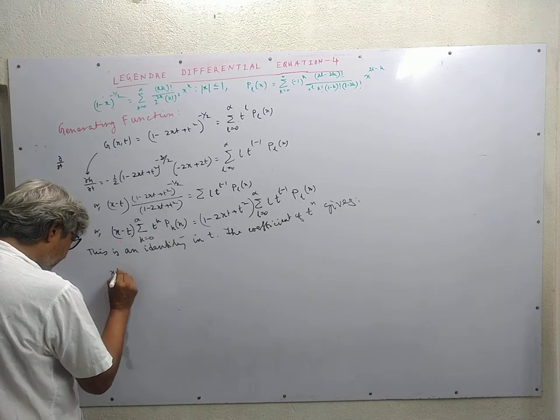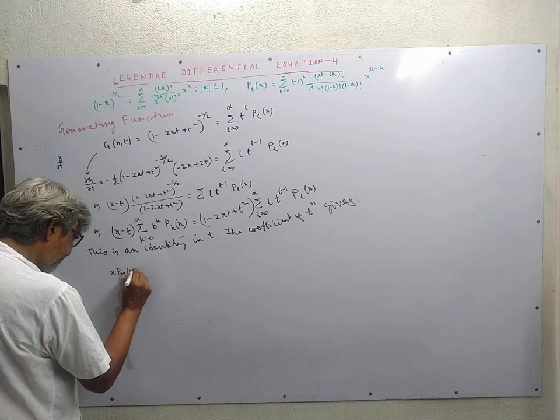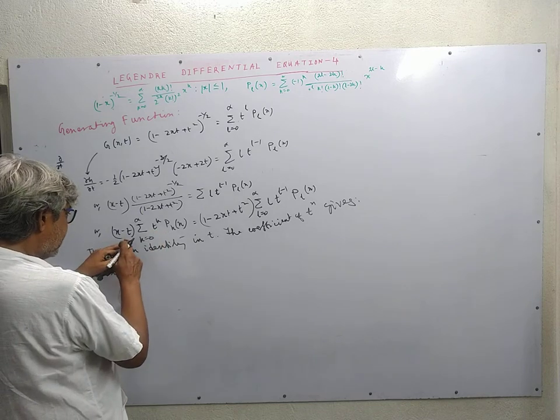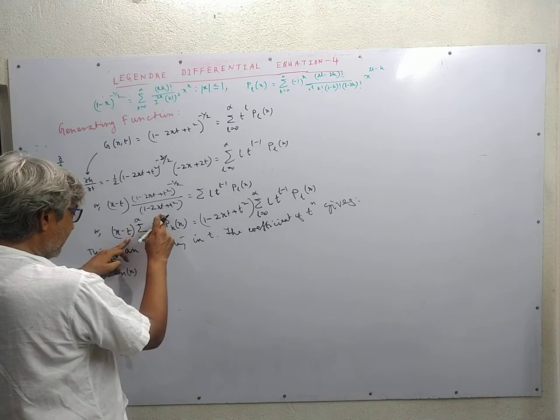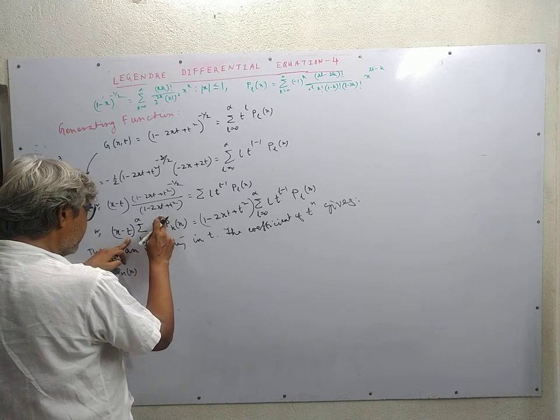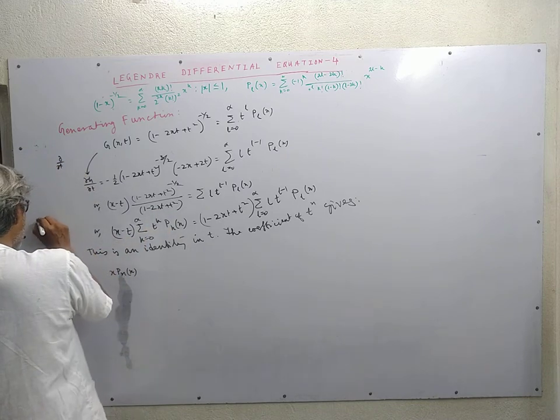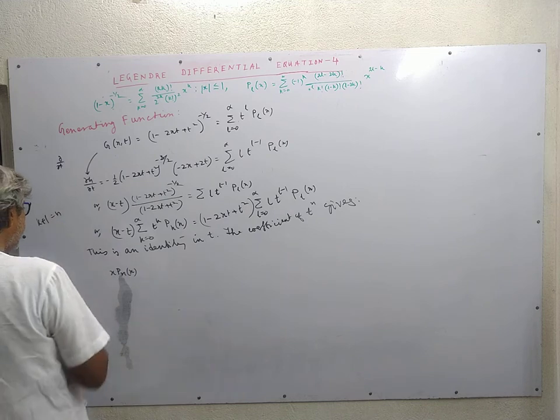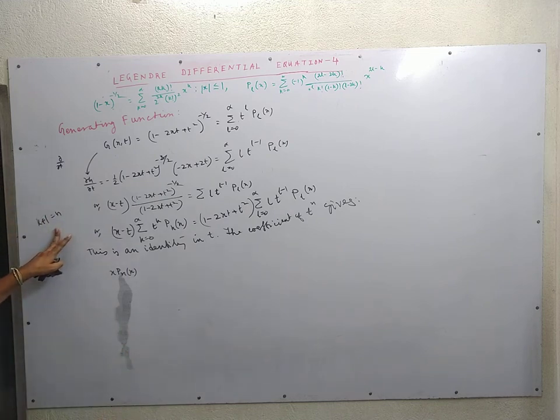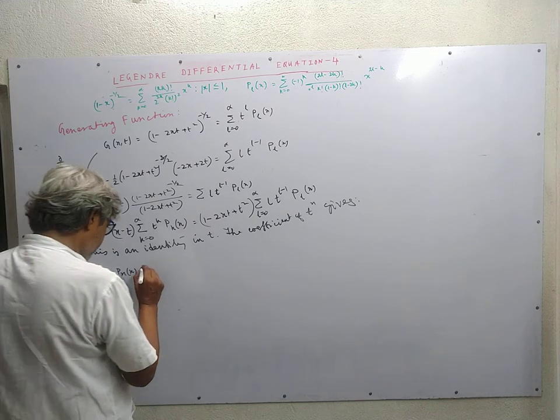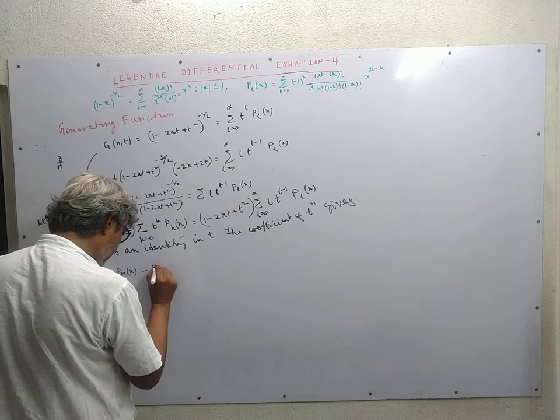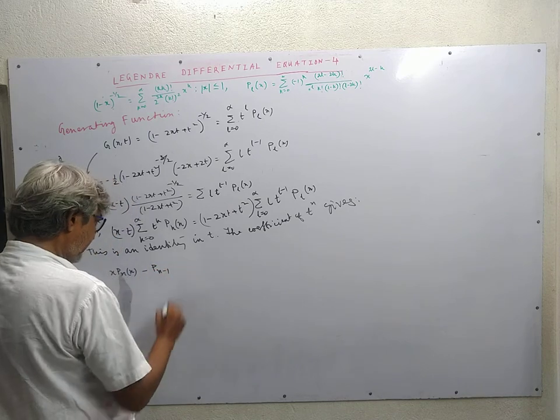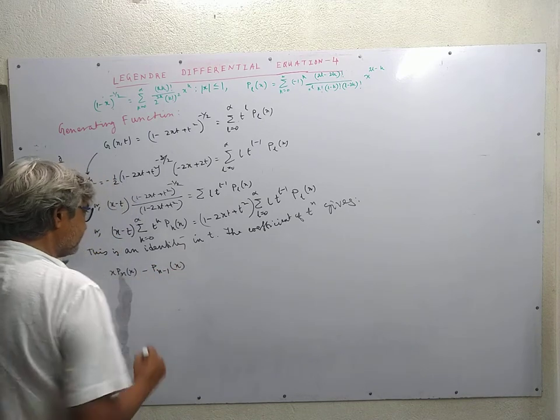So this is x pn of x. This is the first term. This is t to the power k plus 1. So this will contribute to t to the power n when k plus 1 is equal to n, that is k is equal to n minus 1. So this is minus p n minus 1 of x.